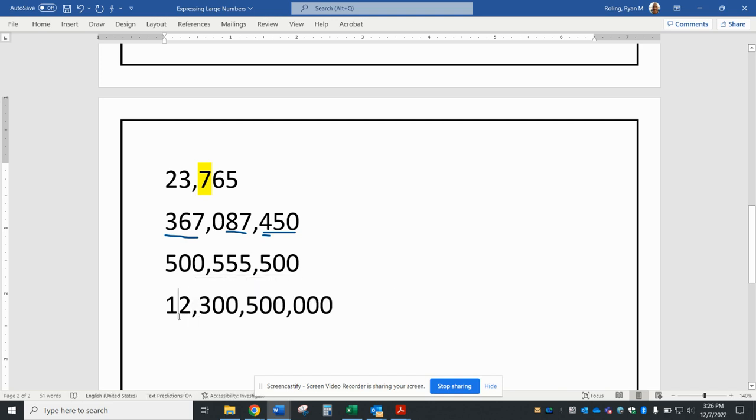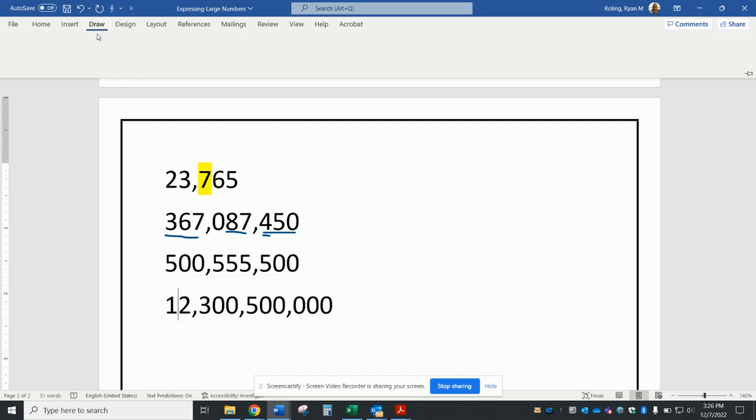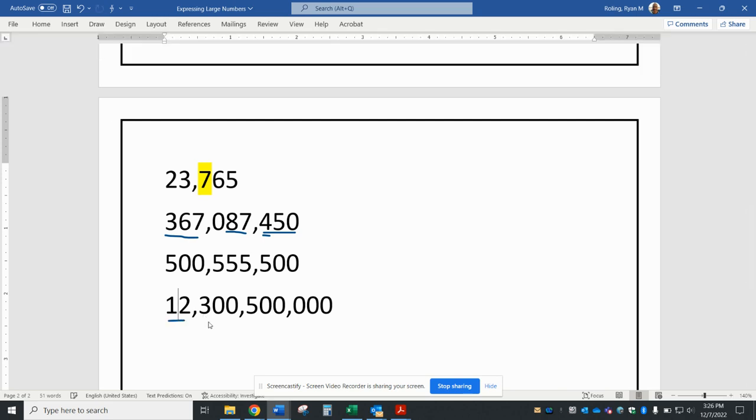So I read the number before the billion, before the comma, and I say 12 billion 300 million 500,000. And there are no numbers after this, so I don't have to express anything here, although those numbers exist. So 12 billion 300 million 500,000.